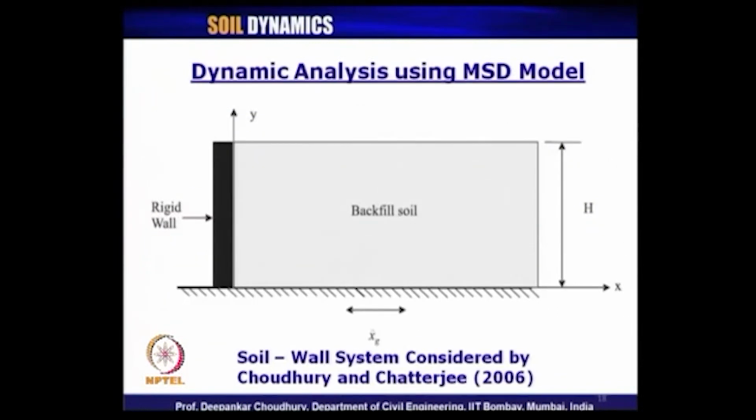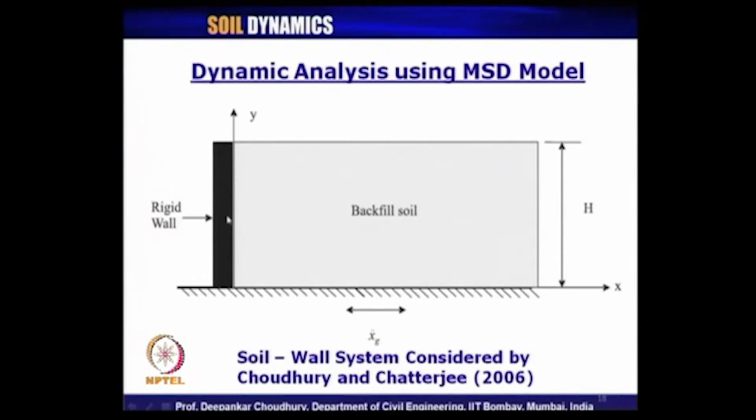Now, coming to the model as we were discussing. So, dynamic analysis of rigid retaining wall using mass spring dashpot model. If we draw the typical picture, this is the rigid retaining wall and this is the entire backfill.